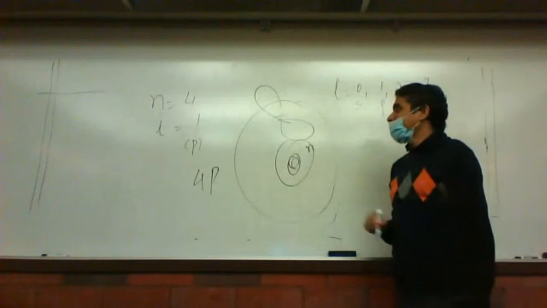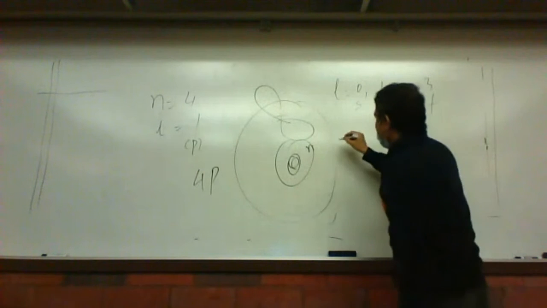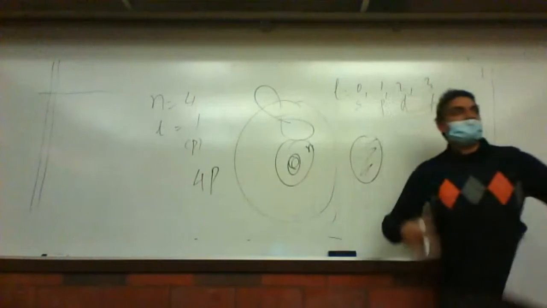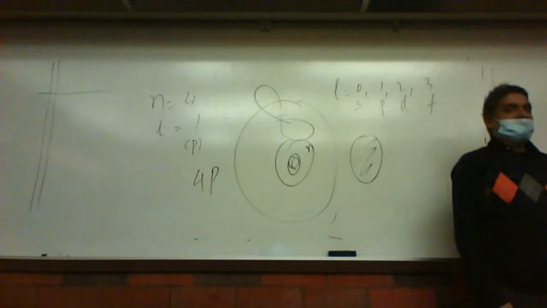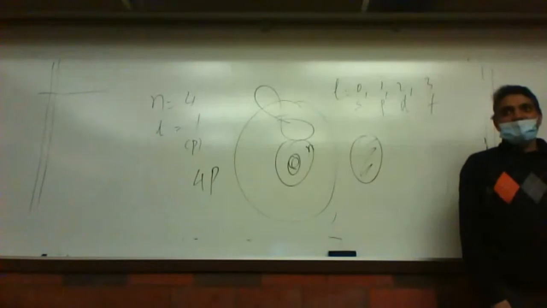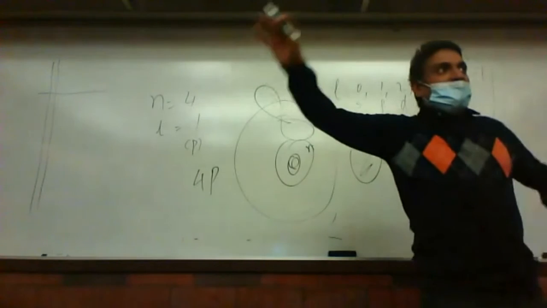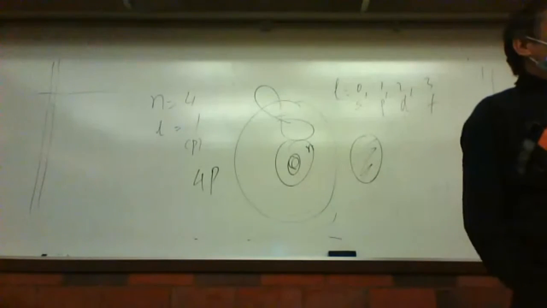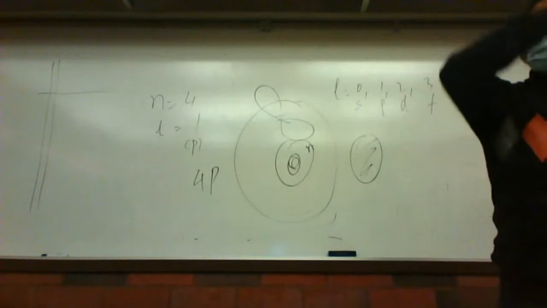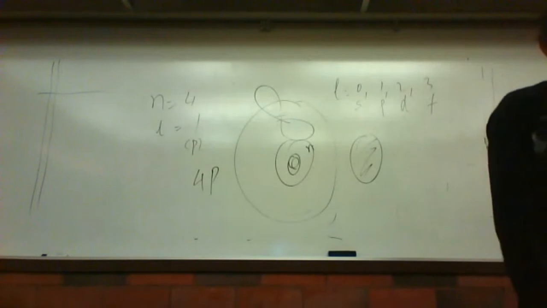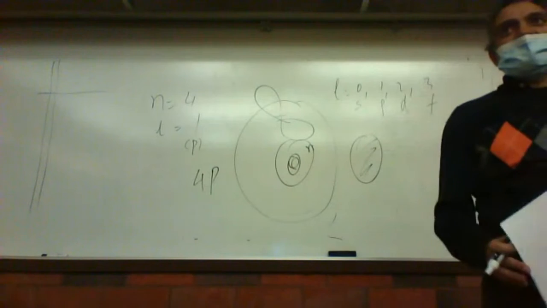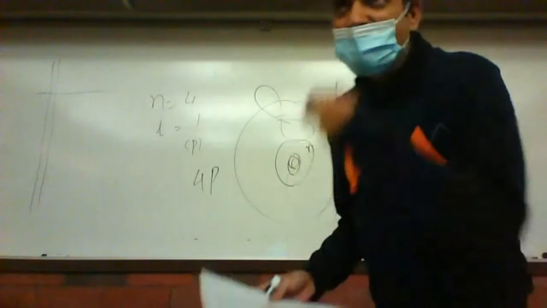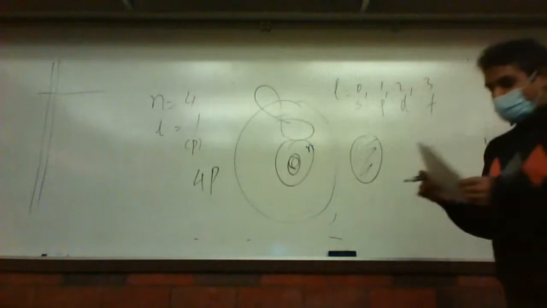The electron is not in a spherical space but inside a dumbbell type of space. 4p. Make sense? The electron is in the 4th orbit, and that orbit is divided into many spaces. What kind of space is the electron in? It is the p type, meaning the electron is jumping around in a dumbbell type of space. We'll talk more in the 7th chapter, and you will know more.